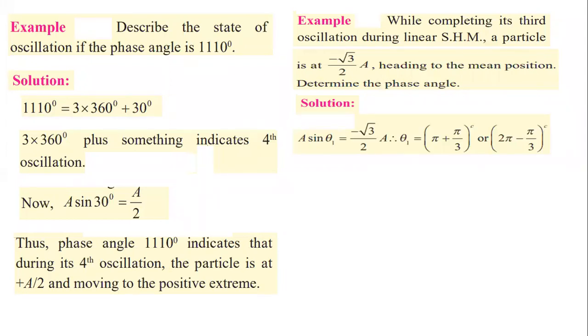Here we use the formula x is equal to A sine omega t, where omega t is the phase, the total phase. By using this formula, we can determine that theta is equal to pi by 3.